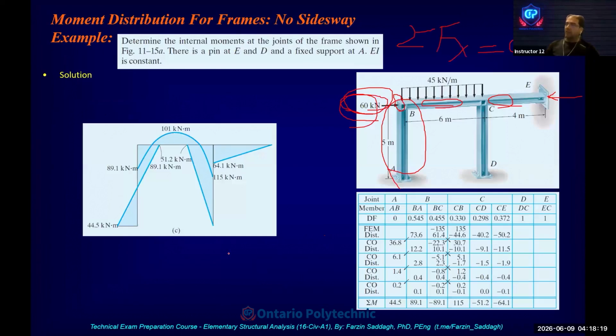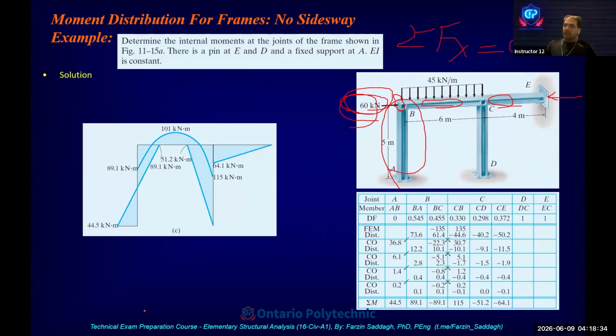We have something about this method. The method we're talking about is only applicable for the case where we have no lateral displacement. What's the meaning of this?